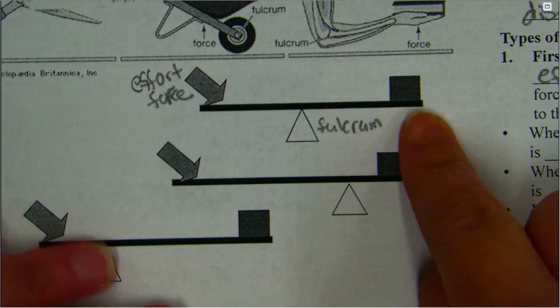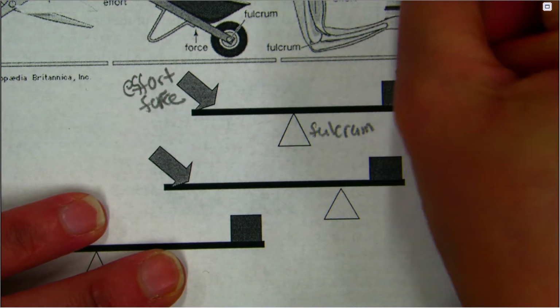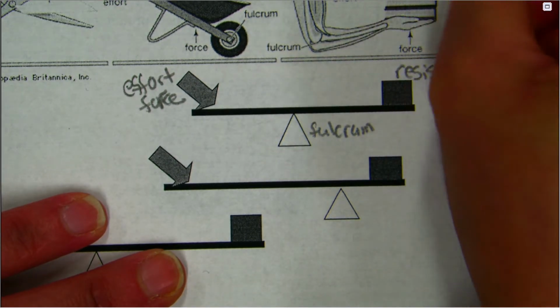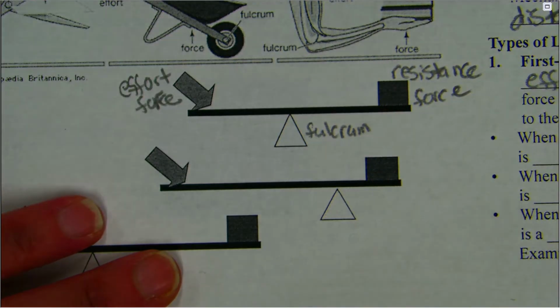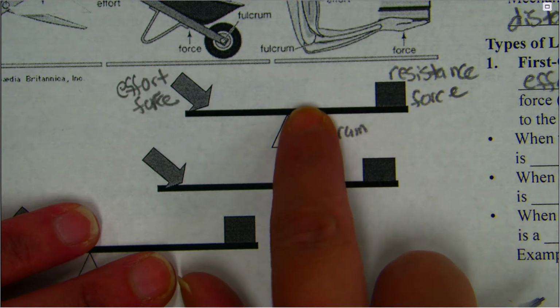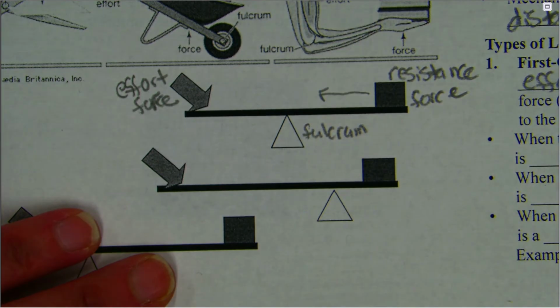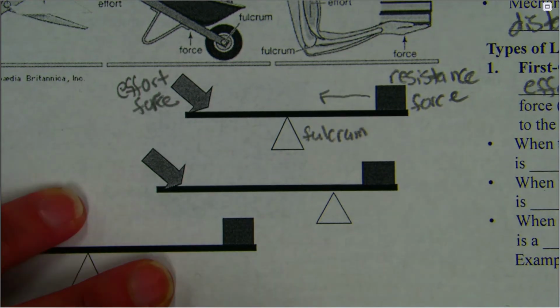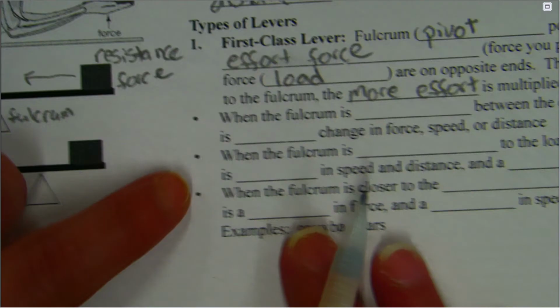And then here is the object we are moving, so that is going to be our resistance force, if this is a first-class lever. The closer this resistance is to the fulcrum, if we were to move it closer, the more our effort is multiplied. So basically our effort gets multiplied.